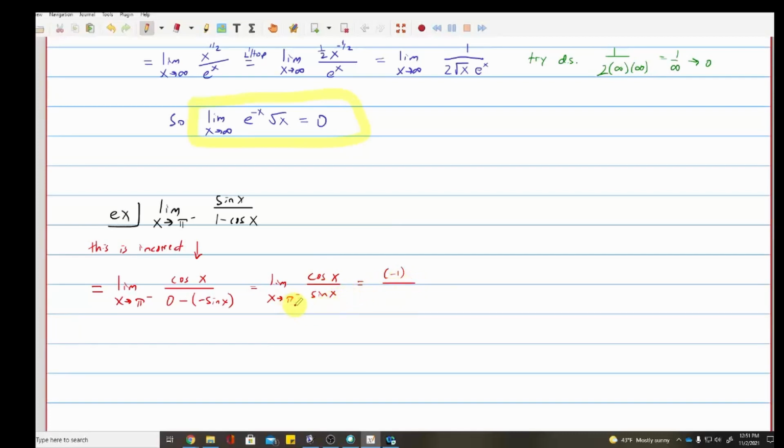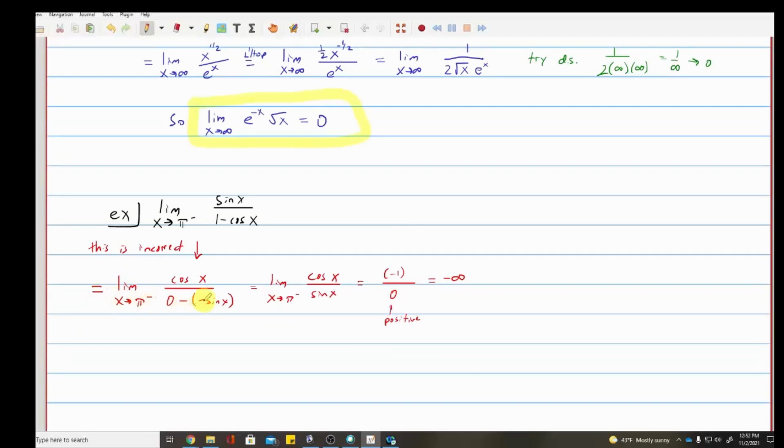And when I plug in something approaching pi into sine, sine of pi is 0. As I approach from the left, though, if I think of plugging in angles that are slightly smaller than pi, I will get a positive number. So this is going to be close to 0, but positive. You know, like a 1 over 0 is going to go to infinity. I have a negative in here, so this is negative infinity.